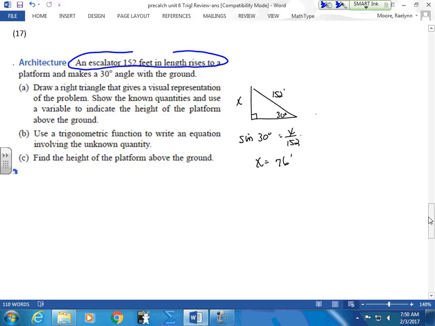Your escalator is 152 feet long. If you measured that distance of the escalator, that would be your hypotenuse. You know when they also say you put a 10-foot ladder against your house? That's your ladder, right? That's 10 feet. You would say like it would say 10 feet away from the house would be here. But a 10-foot ladder would be here.